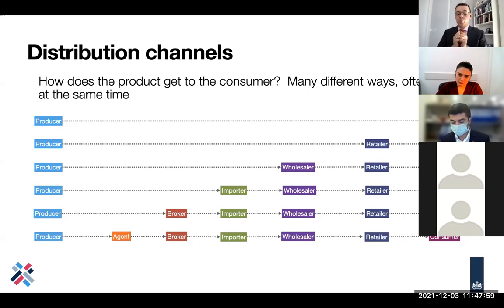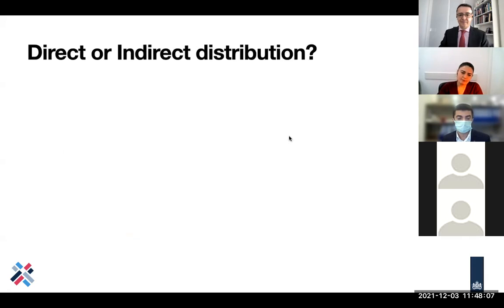So it is counterintuitive, but the more perishable the product, the longer the distribution channel. Okay?